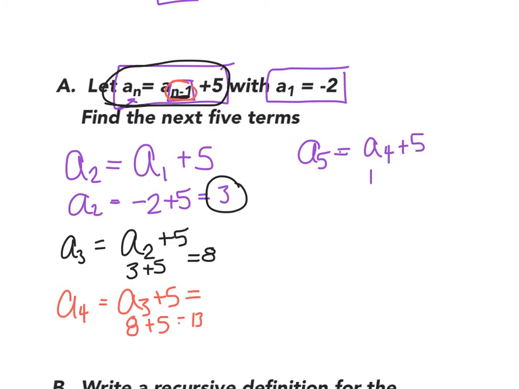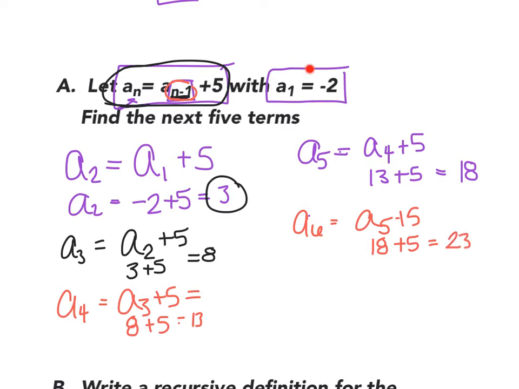And a sub 4 is 13 plus 5. So I get 18. And then we'll go get a sub 6. So that's going to be equal to a sub 6 minus 1, so a sub 5 plus 5. So that's going to be 18 plus 5, which is 23. So you can see I used the previous term to get the next 5 terms. So notice this one didn't count. I found the next 5 after that.